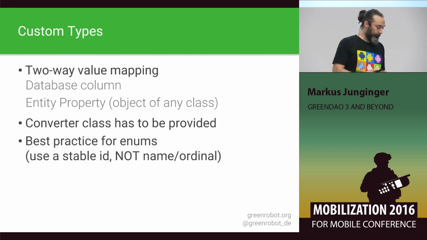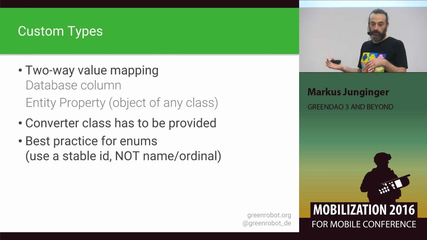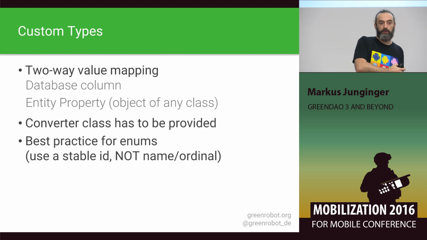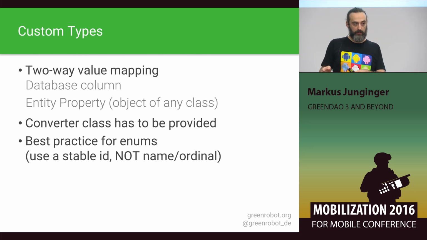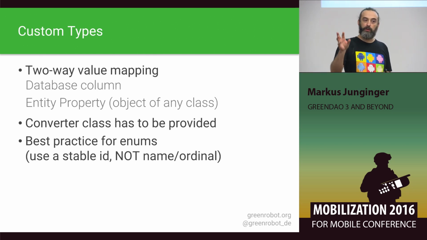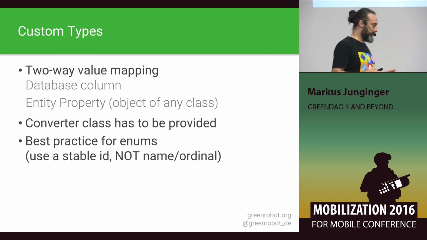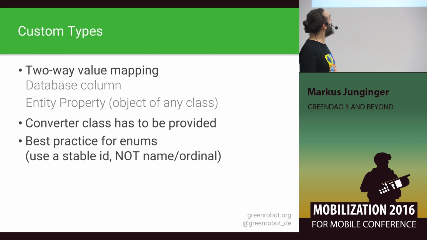So there are also custom types. In Java, you have plenty of types, right? And also enums. But the database doesn't know how to handle this. That's why you can write a converter and convert it to some database type. And this is also supported by greenDAO.